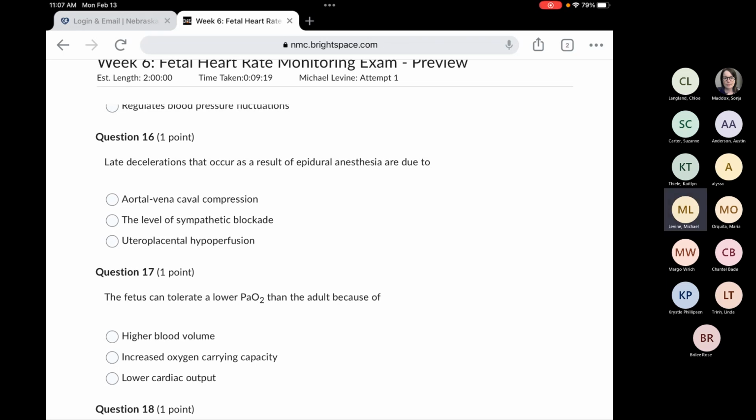These are all interesting answers, but the logic behind this is late decelerations are occurring already, and that means that we have poor placental perfusion. And it's because of vasodilation, not aortovenocaval compression, and not because of sympathetic blockade. Sympathetic blockade could cause vasodilation, but it's the uteroplacental hypoperfusion that causes the late decelerations.